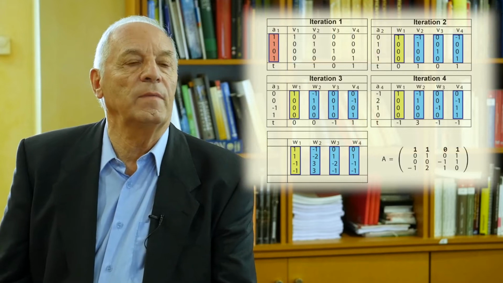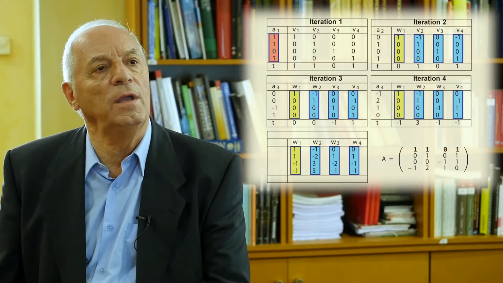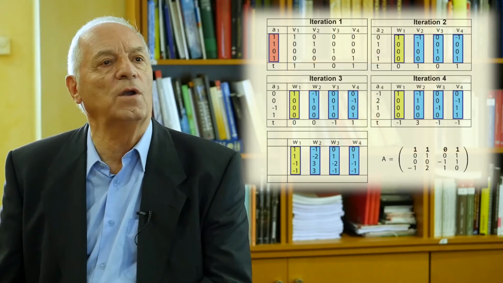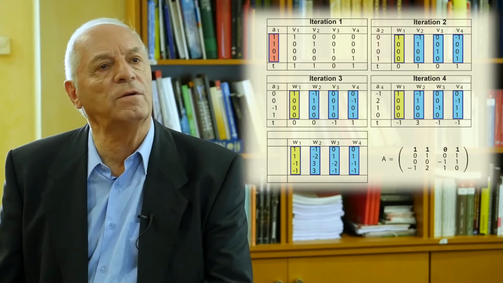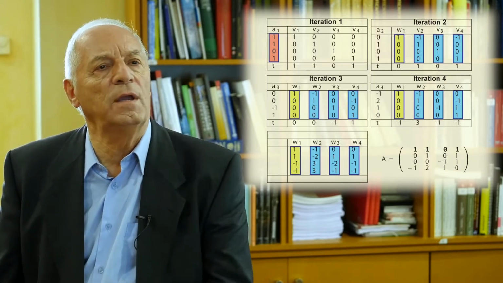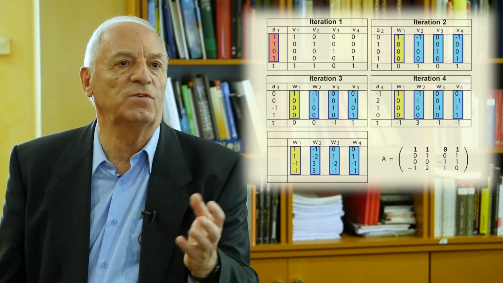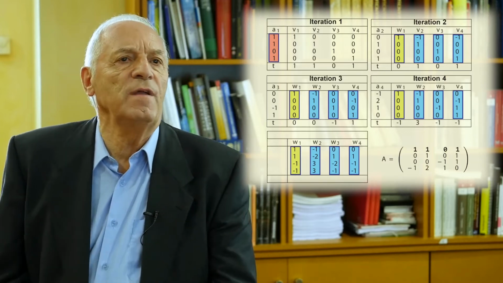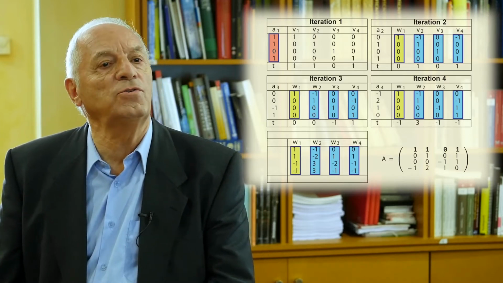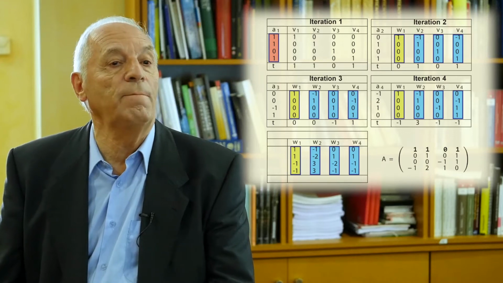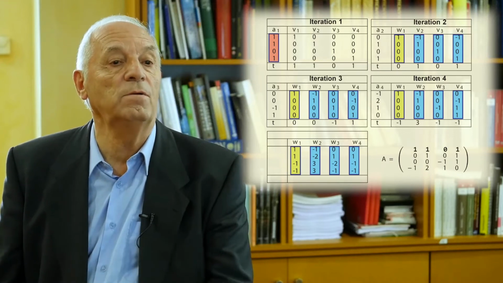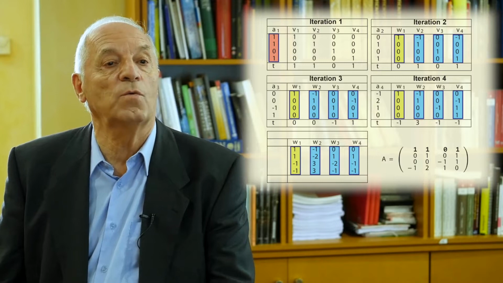The algorithm will consist of several steps in which we introduce vector by vector, and then we pivot and obtain tables similar to this one. Consider the matrix below, where the first row is 1, 1, 0, 1.